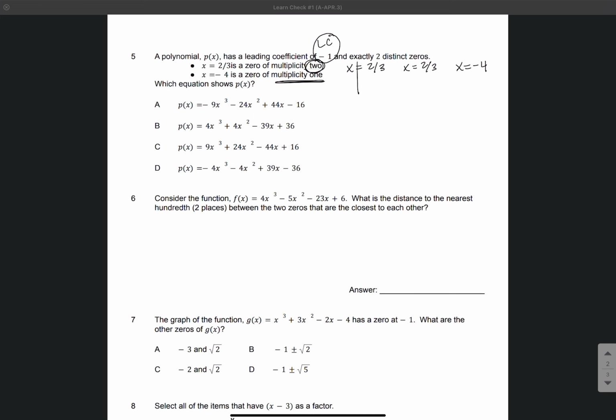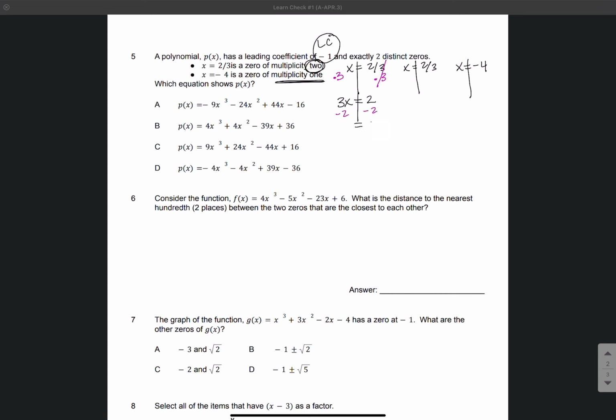So again, we want to change these solutions back into factors, which means we want to make the right side equal to 0. That's our goal. We don't want any fractions, so we're going to undo our fraction by taking the divided by 3 and multiplying by 3. Be careful, 3 times x is 3x, and that's equal to now just a 2 left over. We're then going to subtract 2.